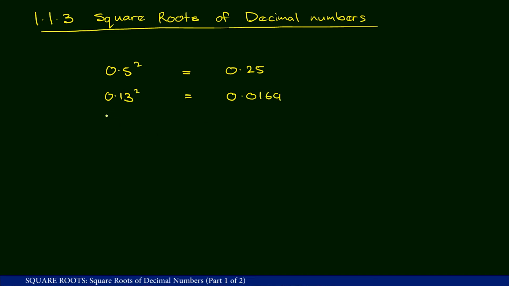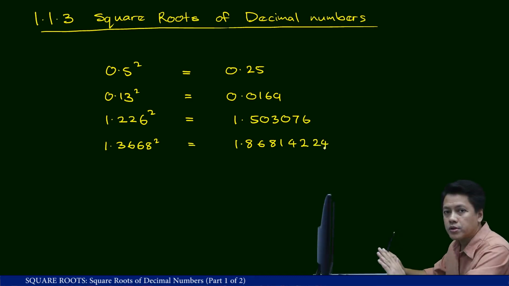The third one, 1.226 squared, that is equal to 1.503076, and the last one is 1.3668 squared, and this is equal to 1.86814224.